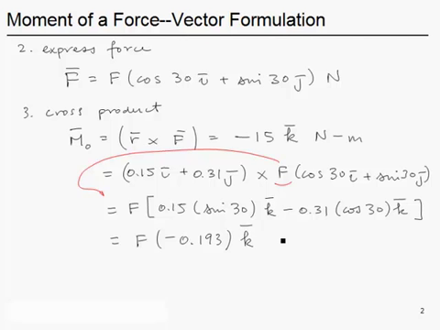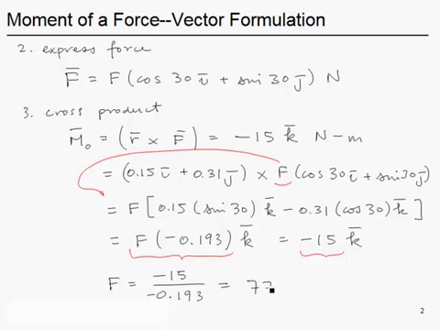We know what this ought to be equal to is minus 15 in the K direction. So clearly all we have to do is equate this with this. And if we do that, we are able to write F is equal to minus 15 over minus 0.193, and this just turns out to be 77.7, and that has units of newtons. And there's your solution for F.